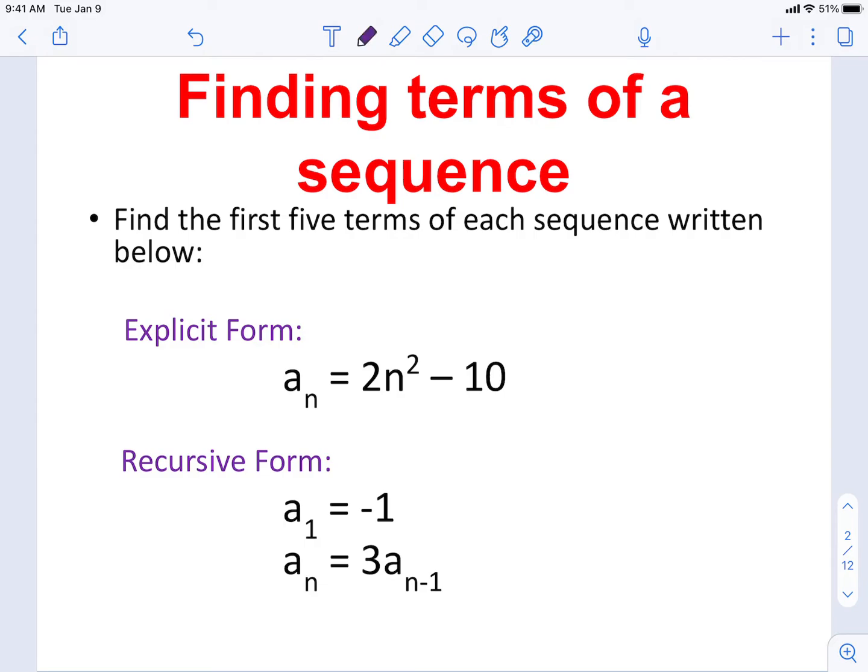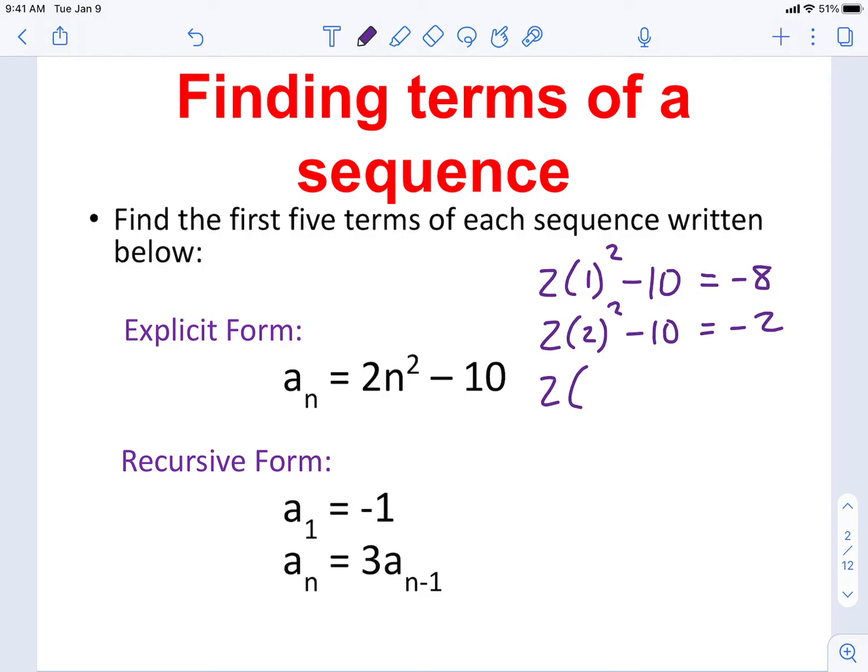Generating the first 5 terms, for the explicit form, we simply plug in 1, 2, 3, 4, and 5 for n. So 2 times 1 squared minus 10, that is going to be negative 8 for our first term. And then we plug in a 2, and that is going to be negative 2.